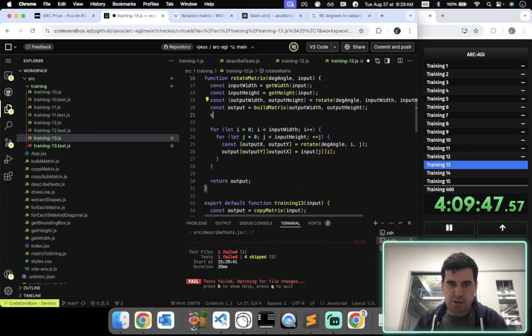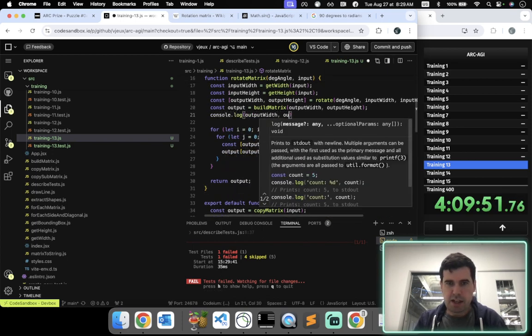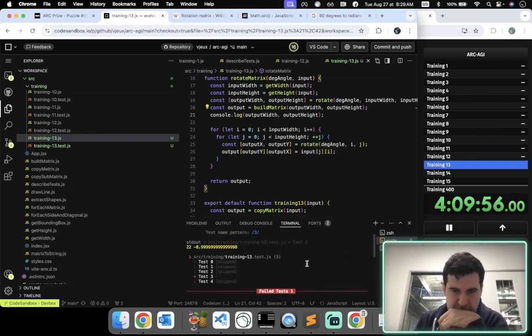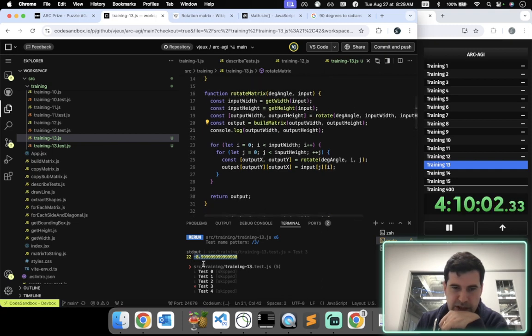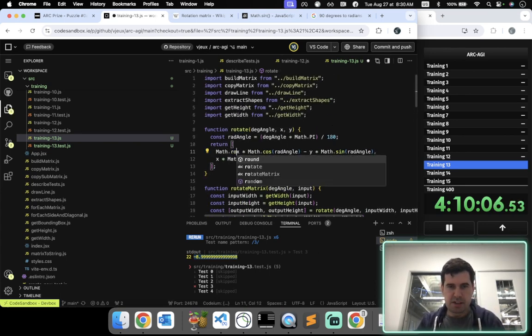So now I want to console.log output with an output height and see what's going on. Okay, so I probably need to round it. Math.round.